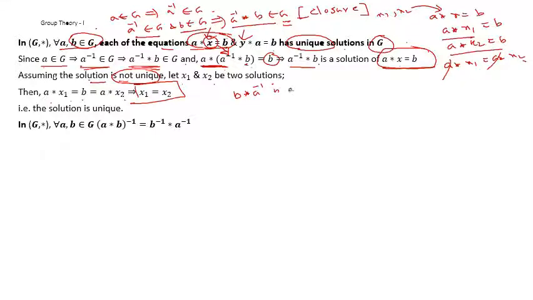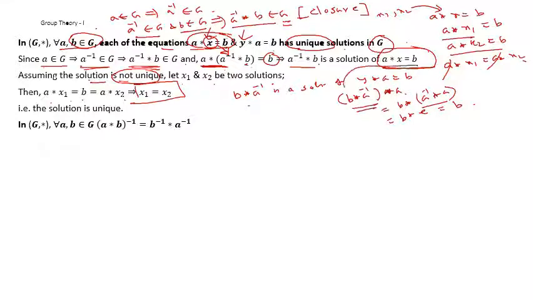B star A inverse is a solution of y star A equal to B, because আমরা যদি y এর জায়গায় B star A inverse বসিয়ে দিই star A, so this gives us B. This is equal to B by associativity, because again by associativity this is B star A inverse star A. This is identity, so this is B star E, which is B. So B star A inverse is a solution of y star A equal to B. In a very similar way we can show that this solution is also unique. Both these equations have unique solutions in G.